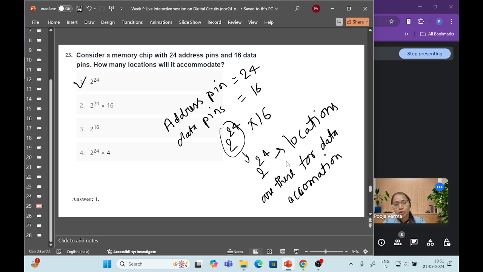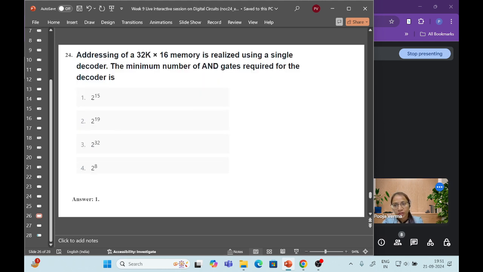It is not a location. This represents the location where data will be stored. That's why they have asked only how many locations it will accommodate, so that is 2 to the power 24. Okay, so moving to the next question.